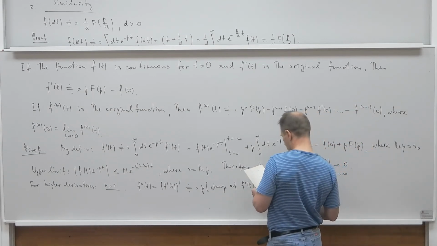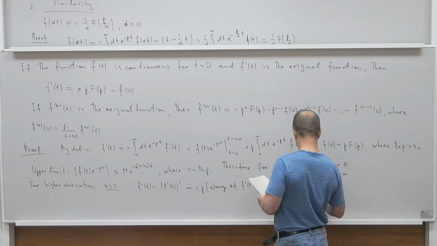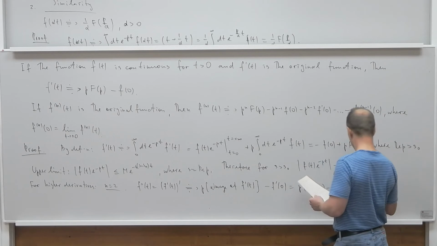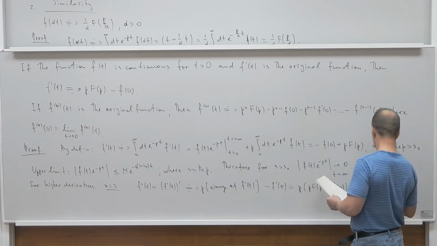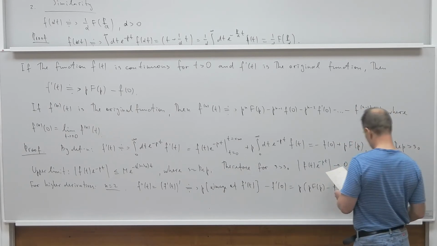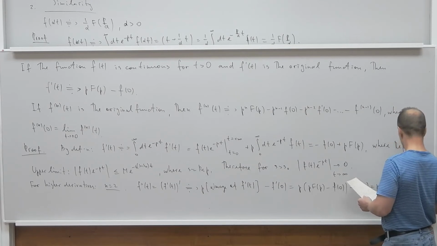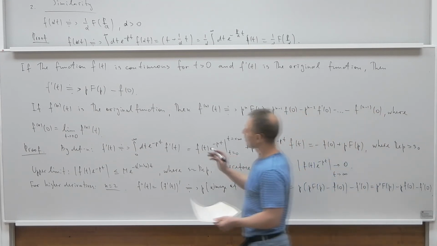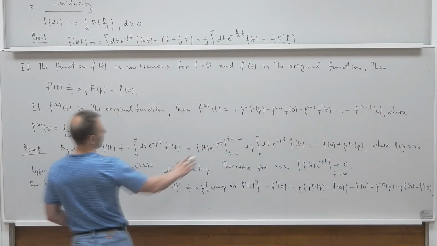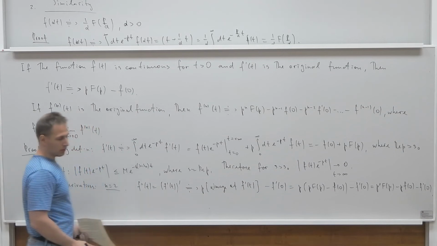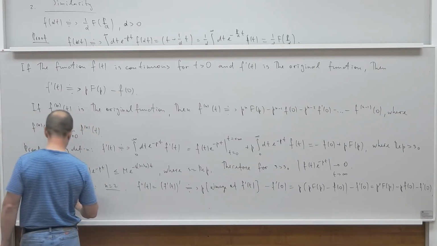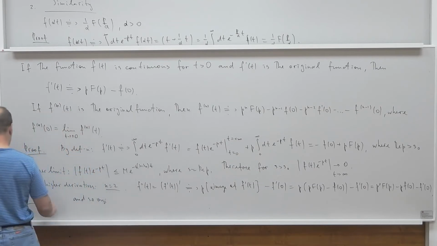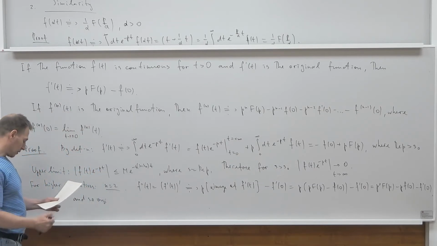So we have the general formula for n is equal to 2. And so one can prove this formula for arbitrary n. The proof of the property is finished.